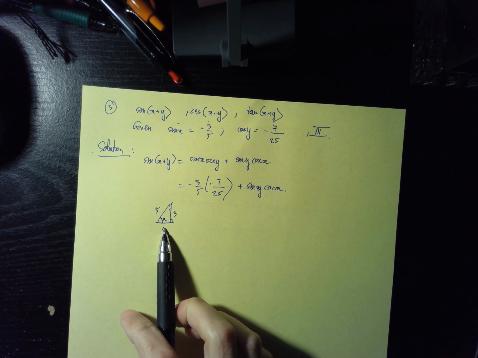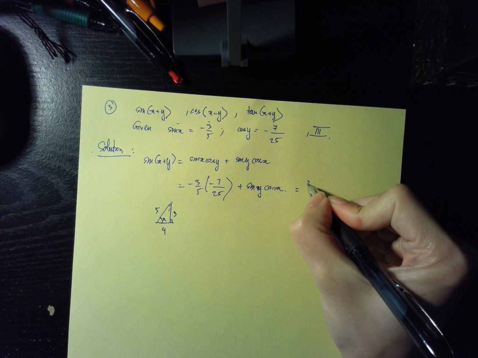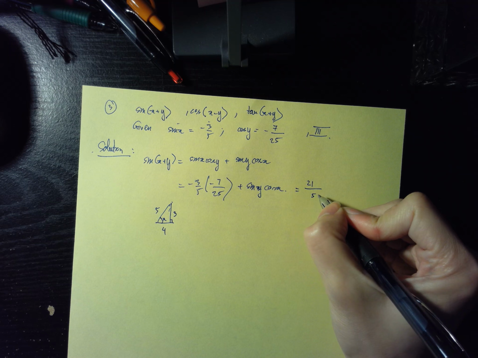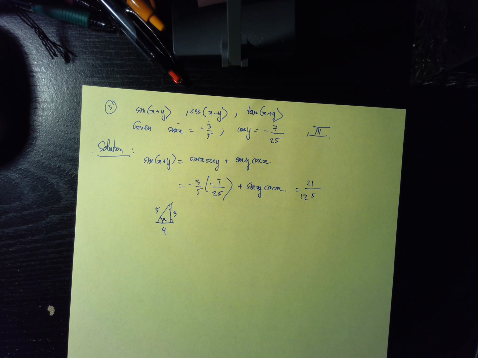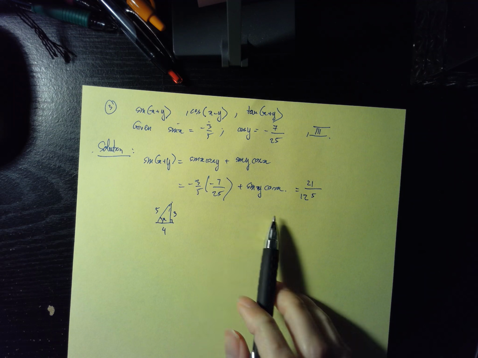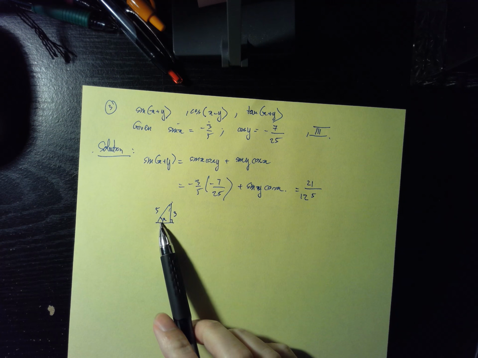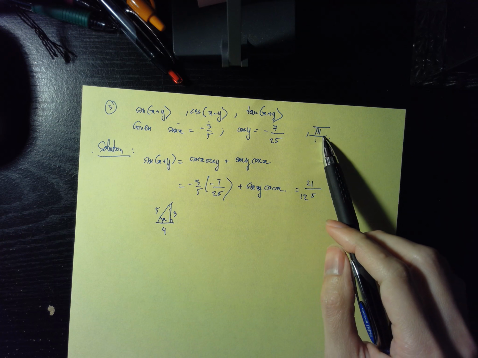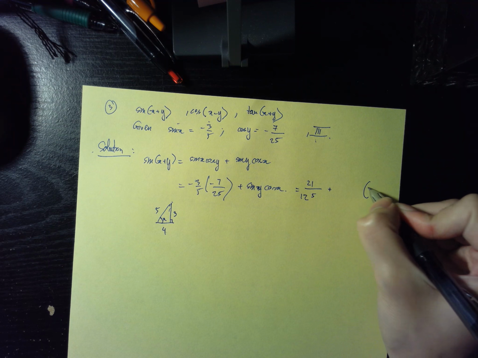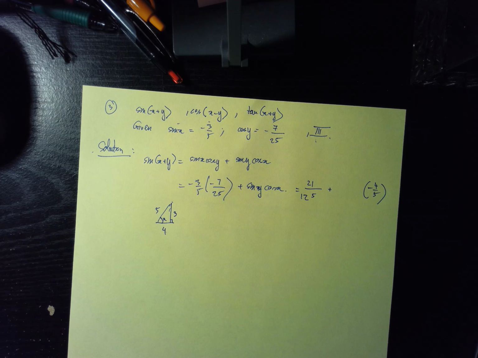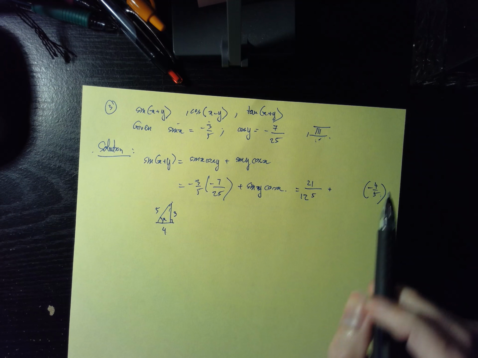Cosine equals 4 over 5, right? And so cosine of x will be 4 over 5, and this is quadrant 3, so it should be negative 4 over 5. Negative, because in quadrant 3 cosine must be negative, so negative 4 over 5.